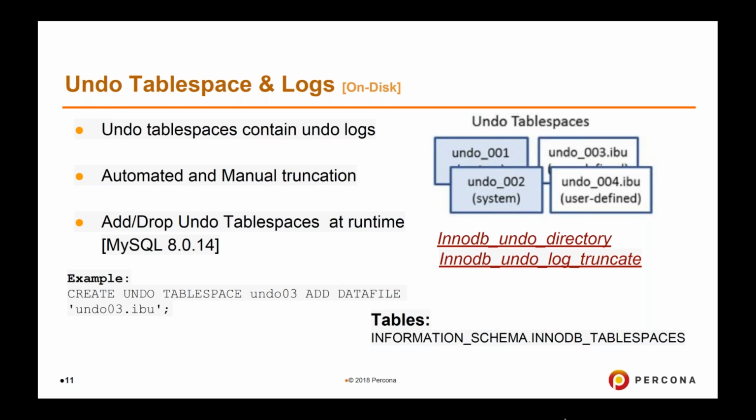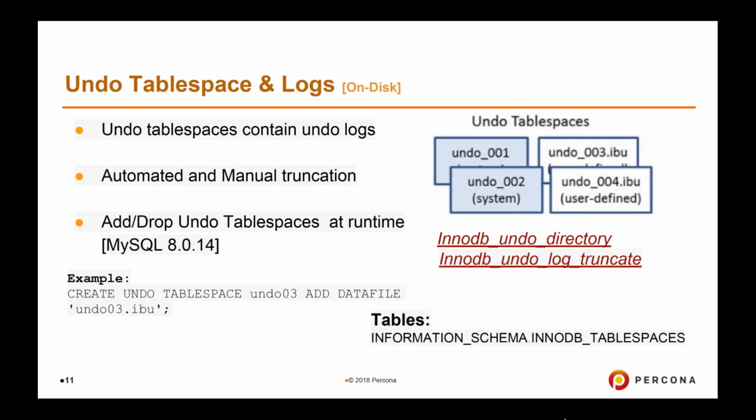The condition is, if you want to truncate automatically, you need to enable the variable innodb undo log truncate, and for that there is a requirement: you need at least two undo table spaces. If you want to do it manually as well, you should have at least three undo table spaces to work automated and manually together. That is the condition we have.